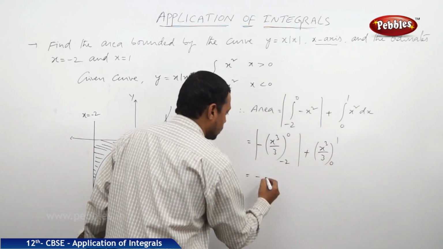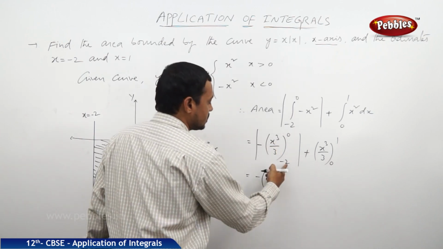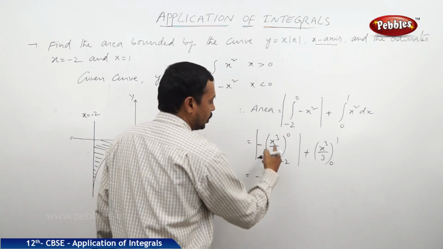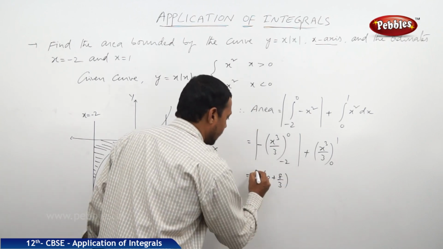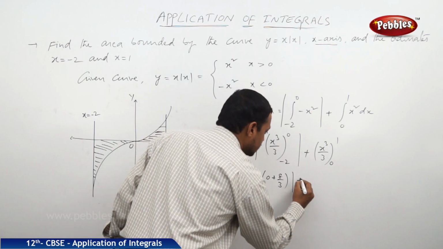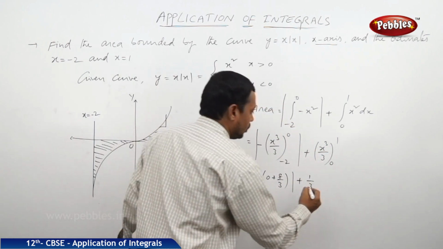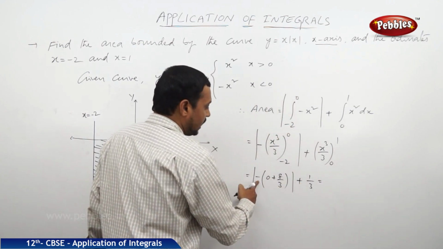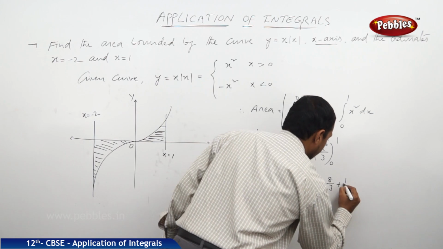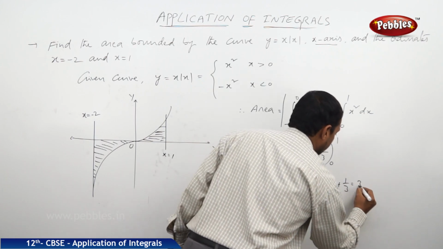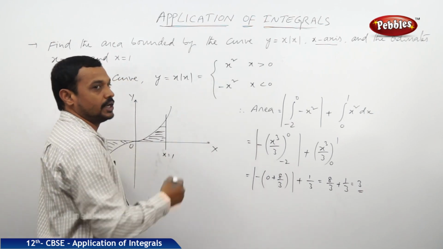So it is minus of, substituting 0 minus, when we substitute minus 2 whole cube, minus 8, minus of minus 8 by 3 under modulus, plus 1 by 3 minus 0. Therefore, minus 8 by 3 under modulus plus 8 by 3 plus 1 by 3, that is equal to 9 by 3. Hence, the area is equal to 3 square units.